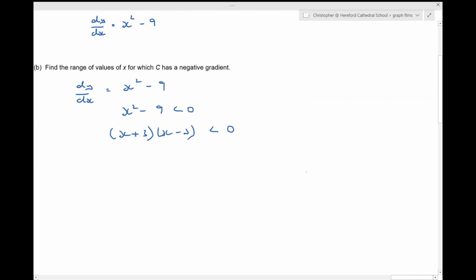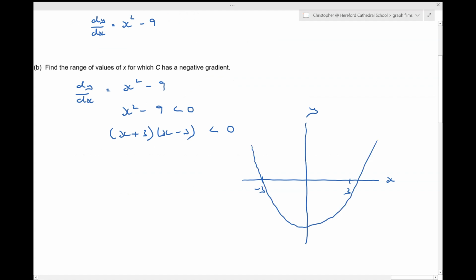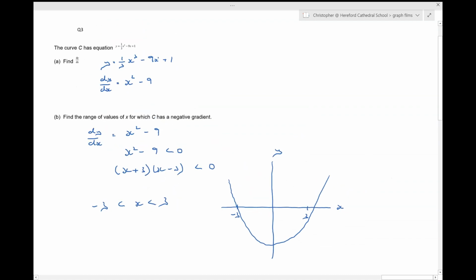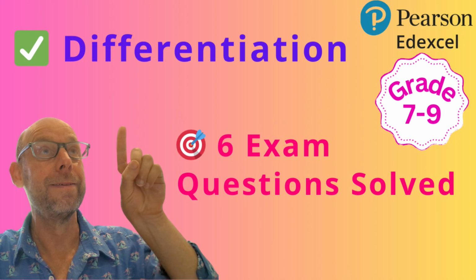So if I can picture the graph, x, y, okay, it goes through minus 3 and 3, looks like this. Something like that. And I need to know when the function is negative. So the function is going to be negative when x lies between -3 and 3. And there is question 3 sorted.